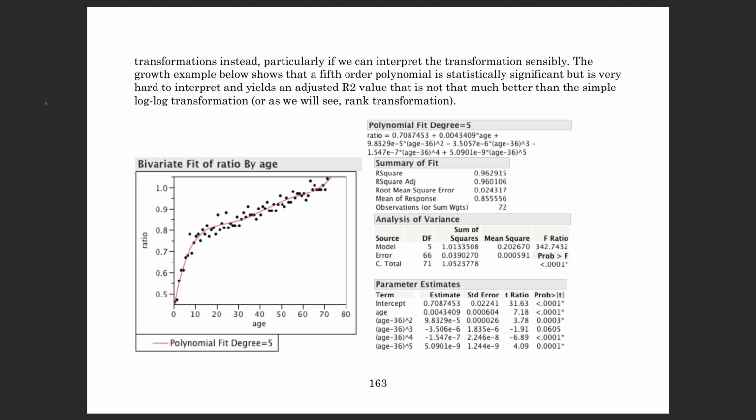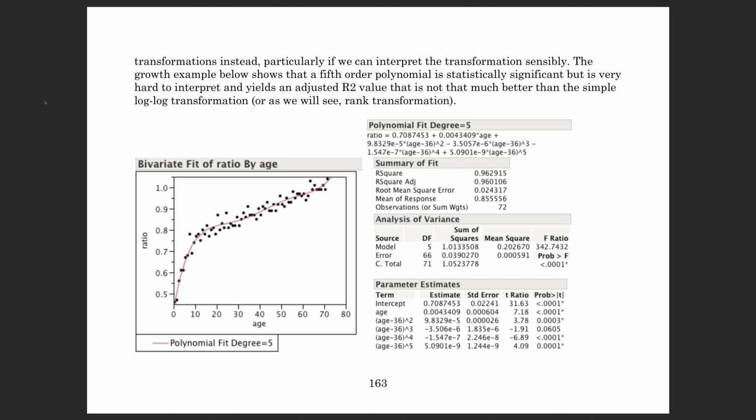If you look at the bottom of the right-hand side, you will see that all of these coefficients are significant all the way up to the 5th order polynomial. In fact, the 6th order polynomial term is not significant. So this makes it appear that maybe it's a good approach. If you look at the adjusted R squared, you'll see it is 96%.